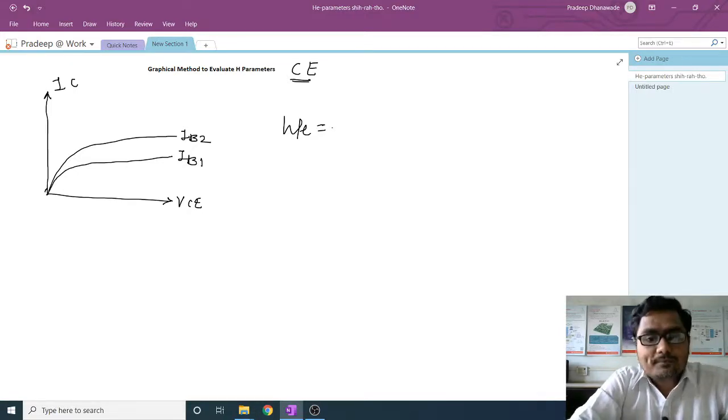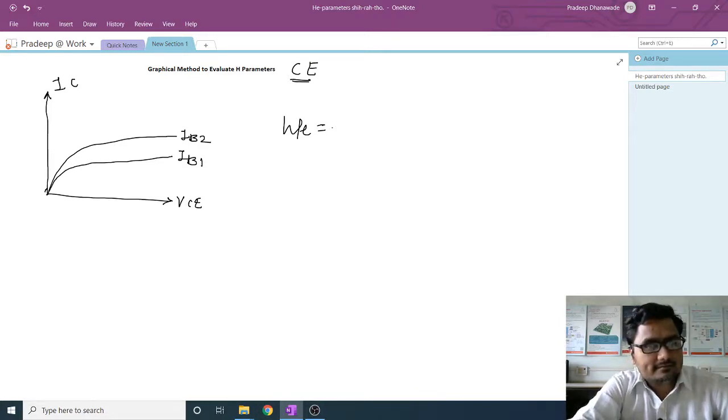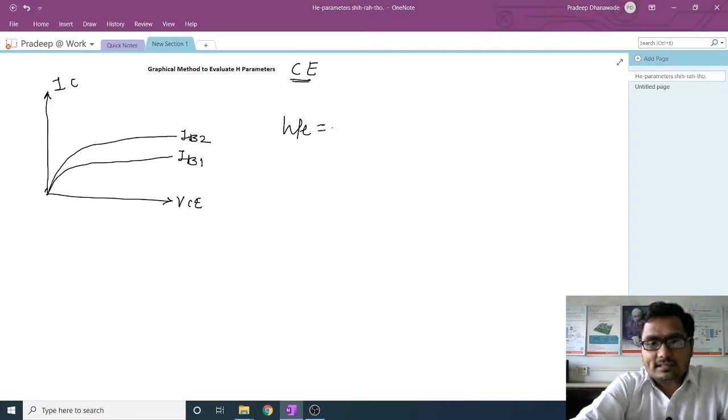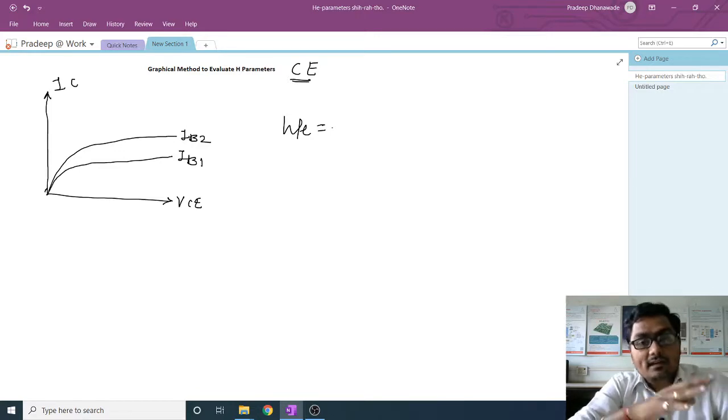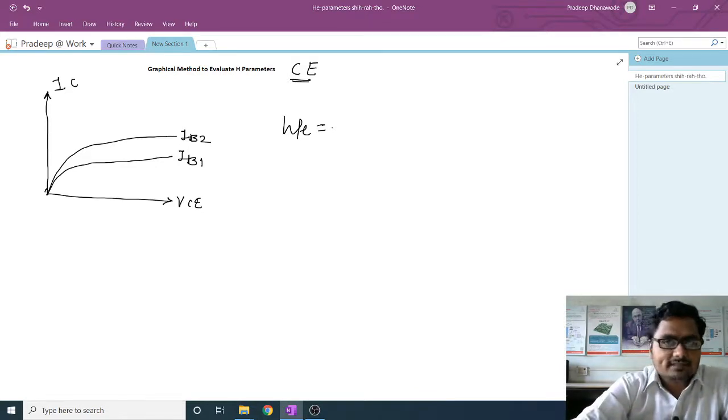I want to have 4 observation tables to have input and output characteristics. So first, you need to perform practical for CE characteristics, then take those readings, then plot a graph of input and output characteristics on a graph paper, inch or centimeters graph paper.